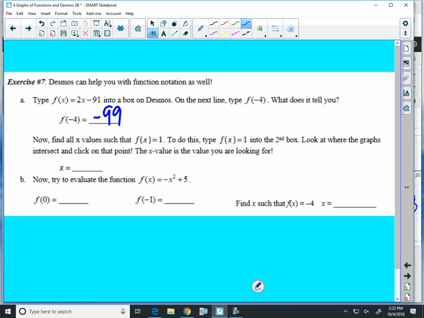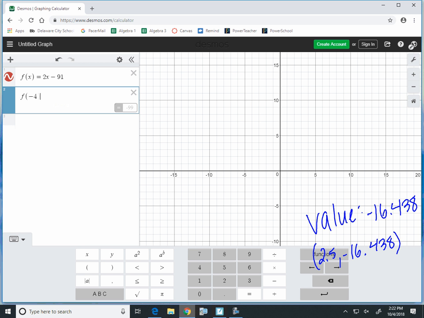But what if we have a y value? What if it's something like f of x equals 1? Well, guess what? We can change this, delete it, put an x in there, and tell Desmos f of x equals 1. It's going to draw a line for you.